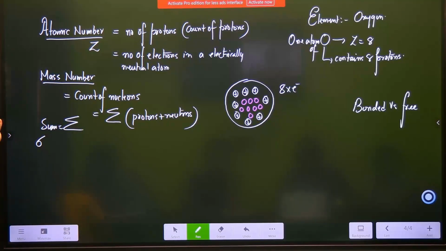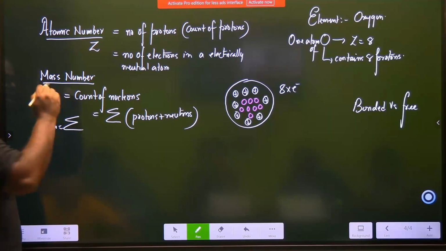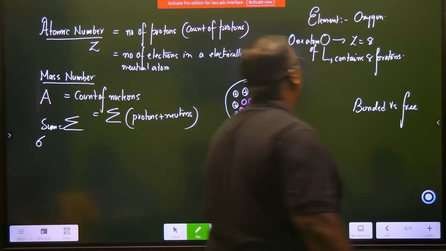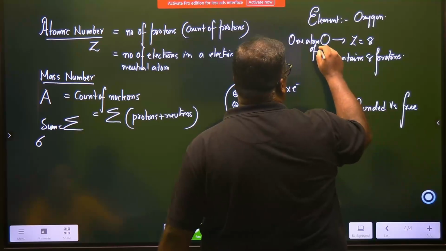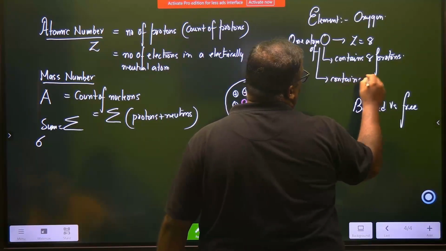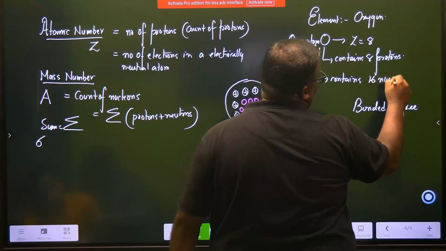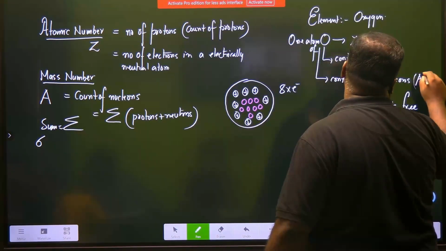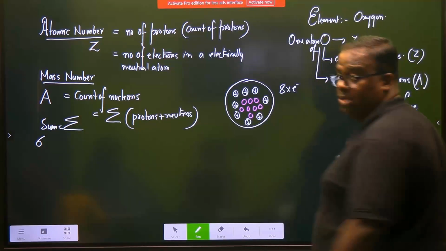Right? Denoted by the letter A. Right? So one atom of oxygen contains 16 nucleons, which is its mass number and which is its atomic number.